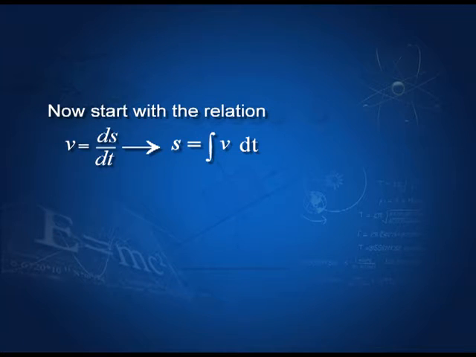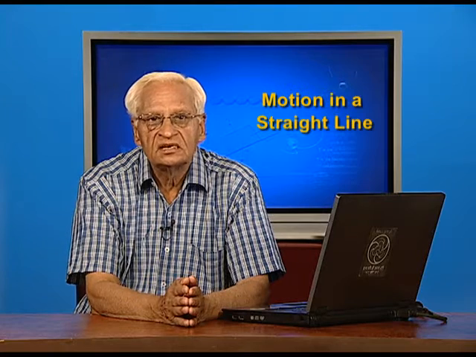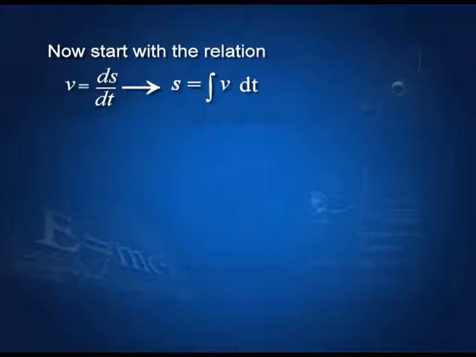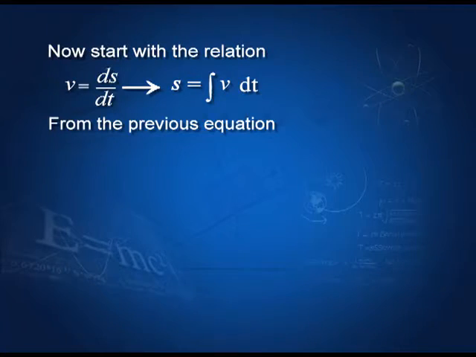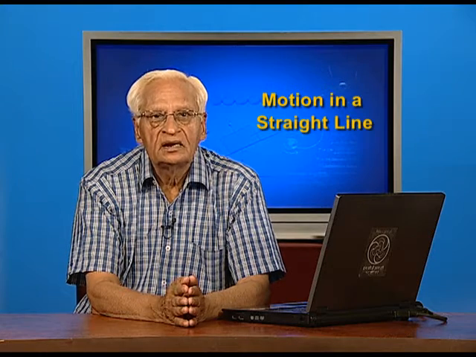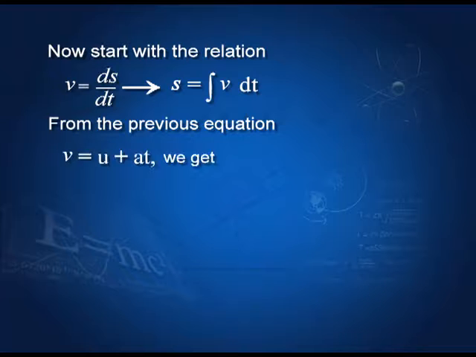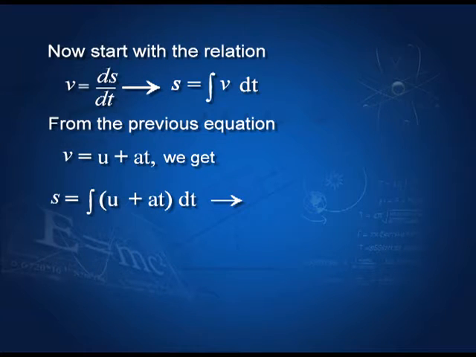Now, for the next equation, we use the relation v equal to ds by dt. So, s is equal to the integral of v dt. From the previous equation, we have already seen that v is equal to u plus a t. So, we substitute v equal to u plus a t in this integral and then we integrate.